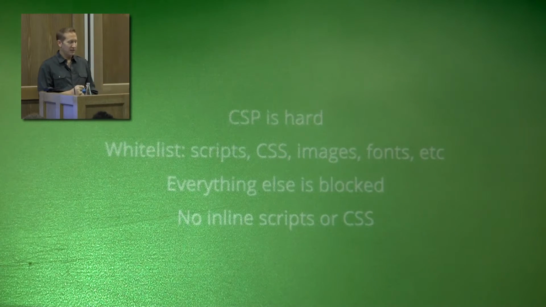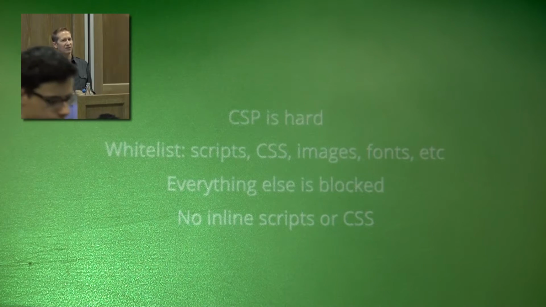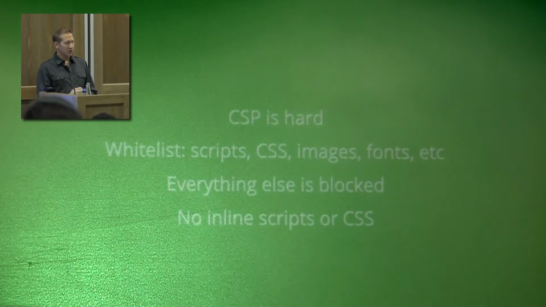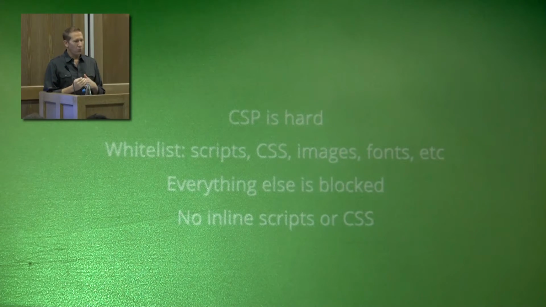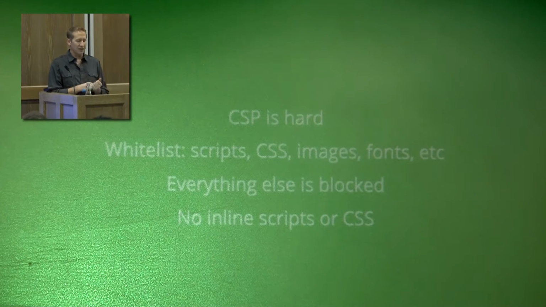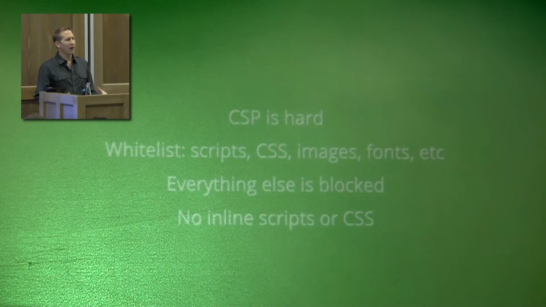Content security policy is tougher. These are not copy-paste kind of things that you can do, because from here on out, a lot of this is very specific to what you're doing. It's essentially a whitelist, and it works for JavaScript, CSS, images, fonts, and really anything else that's delivered to your browser. You whitelist what is allowed, and everything else is blocked.